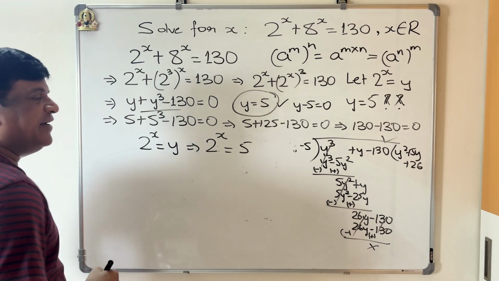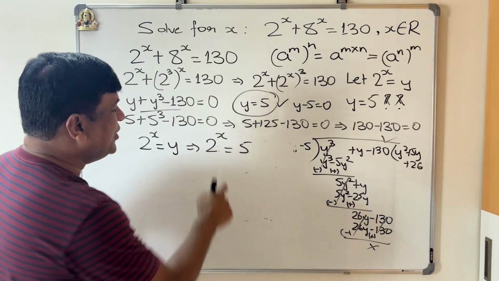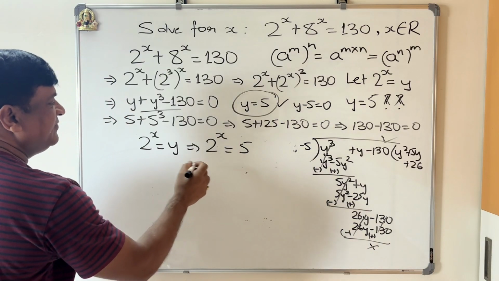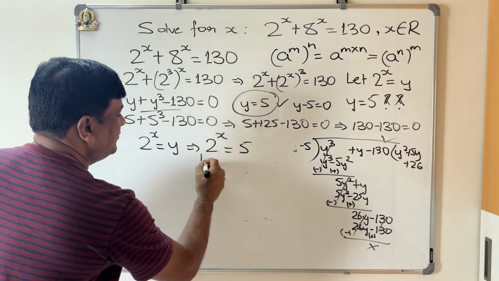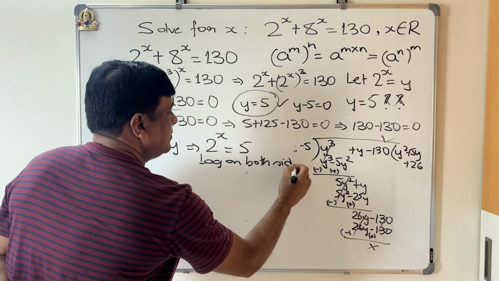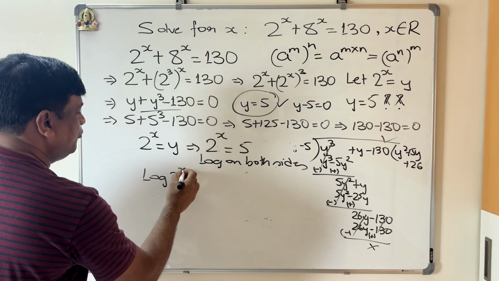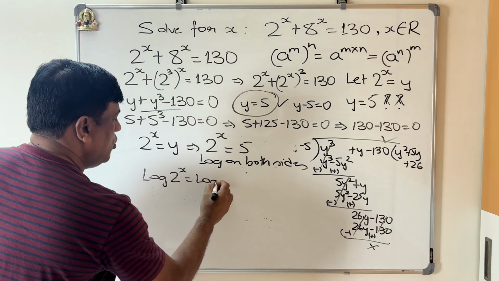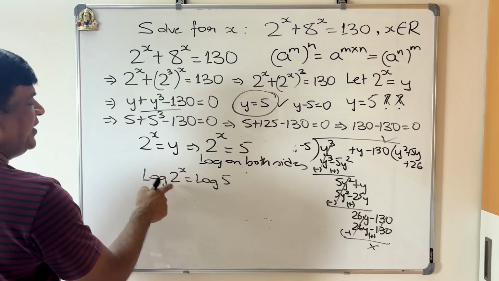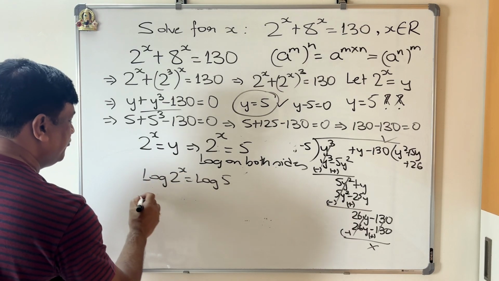Now look at it. How do you find x from here? You need to take logarithms on both sides. Can you take a log on both sides? So you get log of 2 to the power x is equal to log of 5. Whenever you have an exponent on the number, it comes to the front.